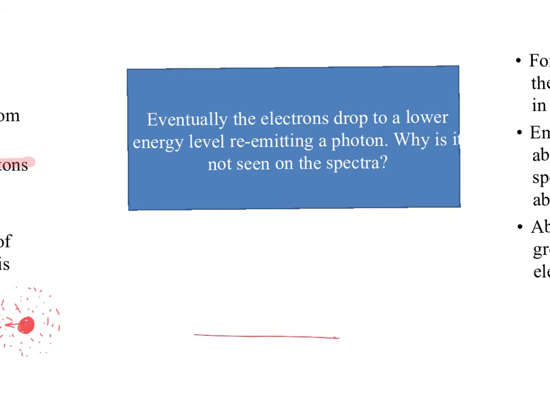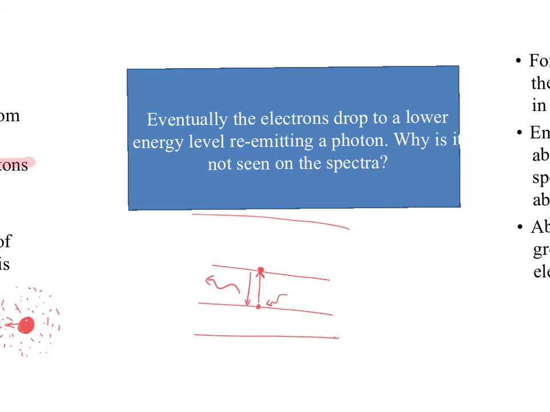So in the case of the sun, for example, if I'm looking at the energy levels of, let's say, helium coming from the sun, then some of that electromagnetic radiation will be absorbed by an electron, which will cause it to go to a higher energy level. But usually electrons don't like staying at a higher energy level for too long, so they will drop back down, emitting a photon of the same wavelength.